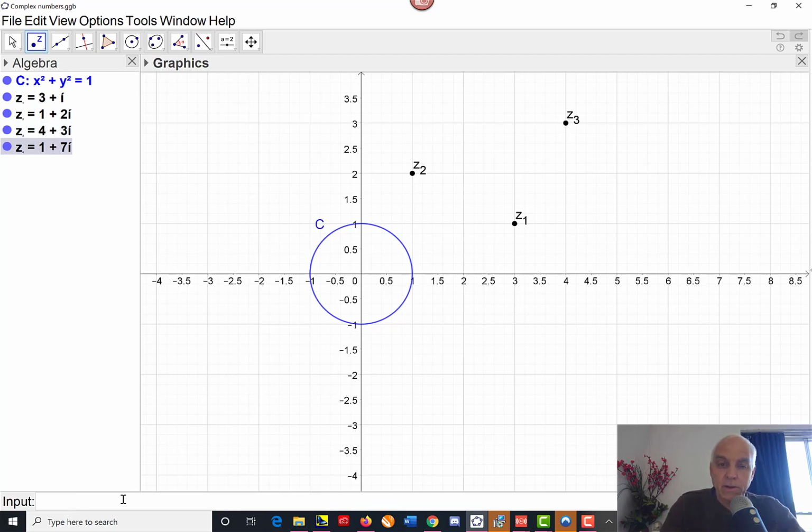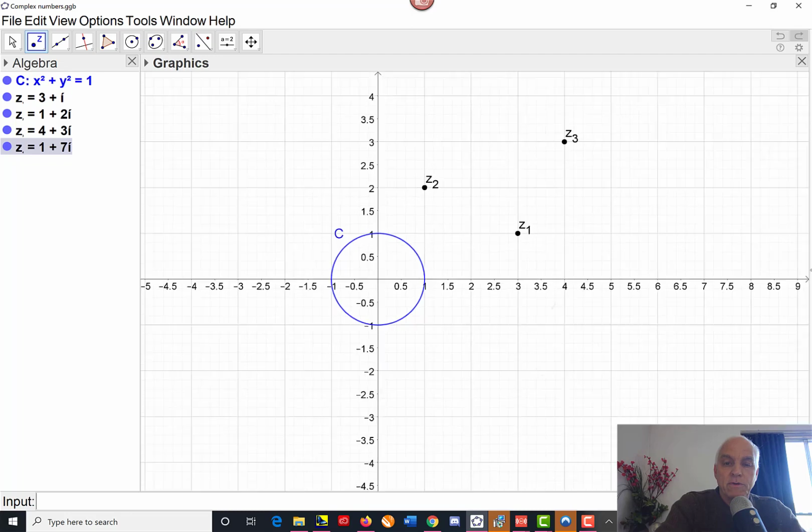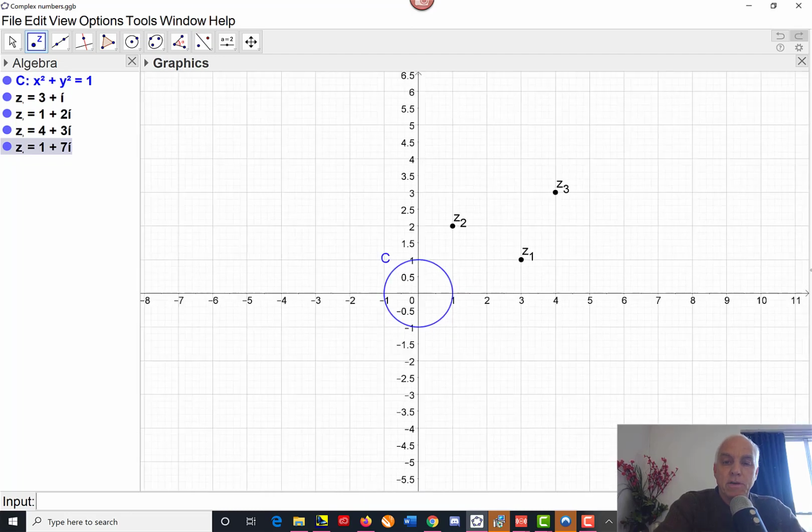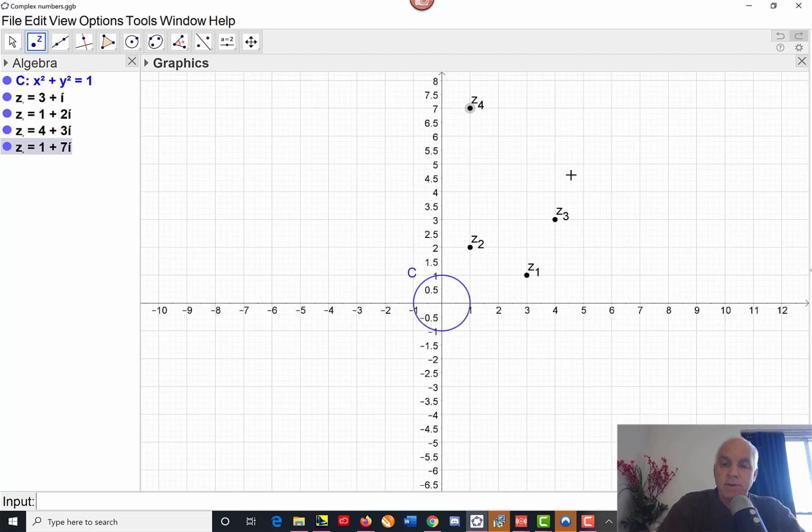Let's see what we would get. Oh, it's 1 plus 7i. Where is that? I'm going to have to zoom out a little bit here. So there it is up there. The product of 1 plus 2i and 3 plus i is up here.